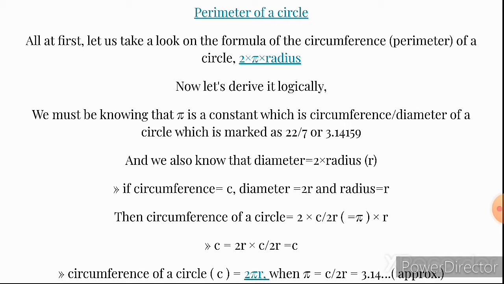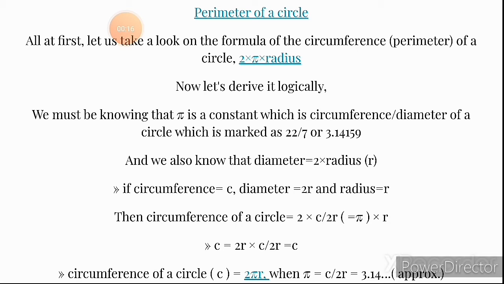See, it is underlined in blue that 2 into pi into radius is the circumference of a circle, which means the perimeter of a circle. Now let's derive it logically. We must know that pi is a constant, which is circumference by diameter of a circle, which is marked as 22 by 7 or 3.14159.